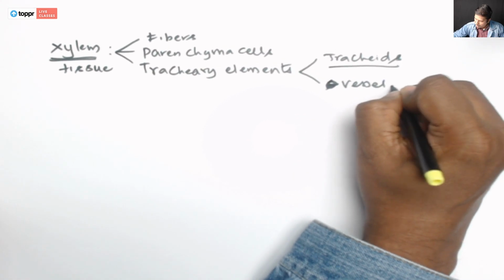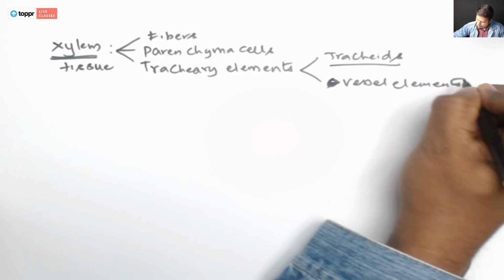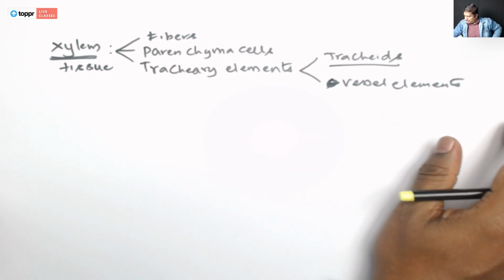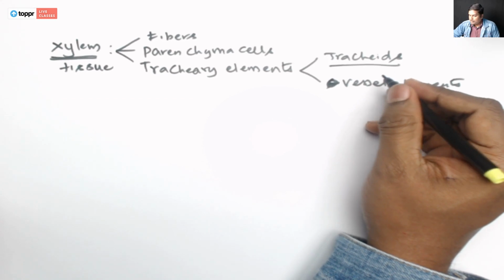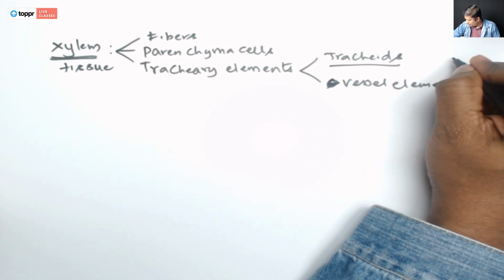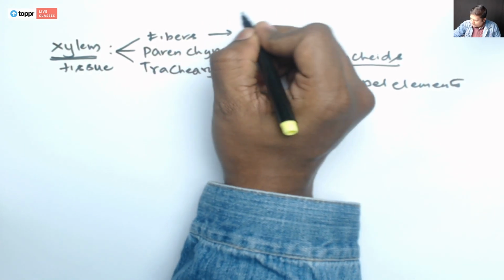Sorry, completely blacked out for a minute. Okay, so you have tracheids and vessel elements.